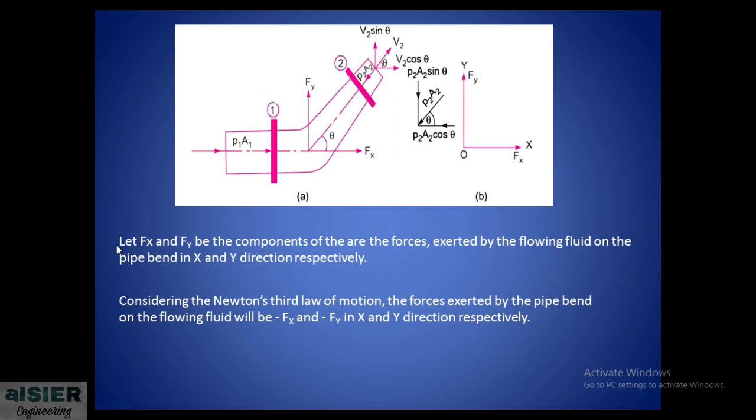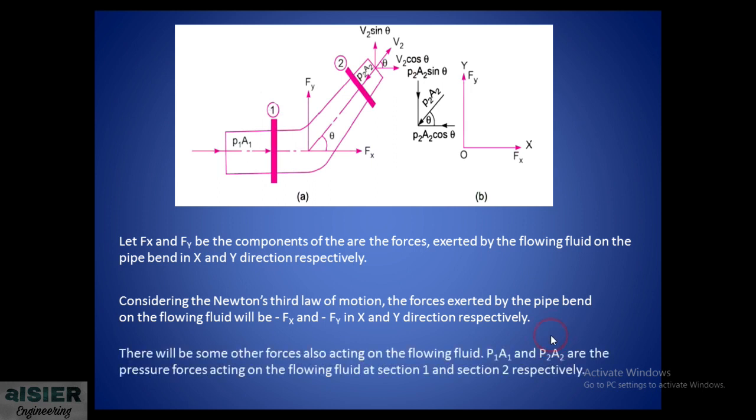According to Newton's third law of motion, the force exerted by the pipe bend on the flowing fluid will be exactly the same but in the opposite direction. That's why we have considered it as minus Fx in the x direction and minus Fy in the y direction. This is the force exerted by the pipe bend on the flowing fluid.